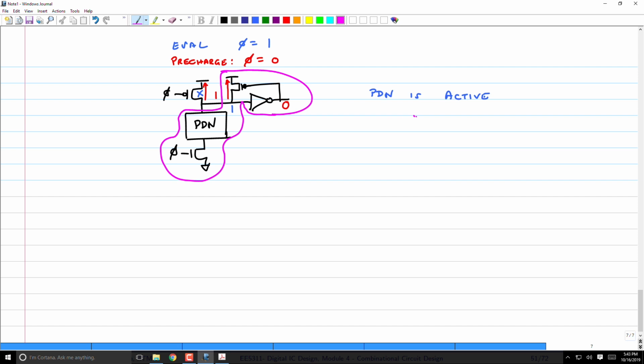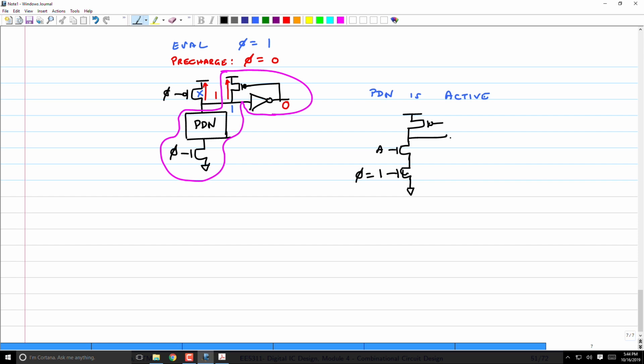I'm going to have a PMOS that is driven, and let's assume that I'm implementing an inverter. In the eval phase, this is 1. The footer device is turned on, Phi equal to 1.